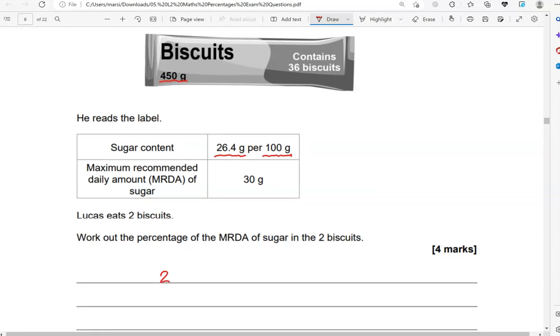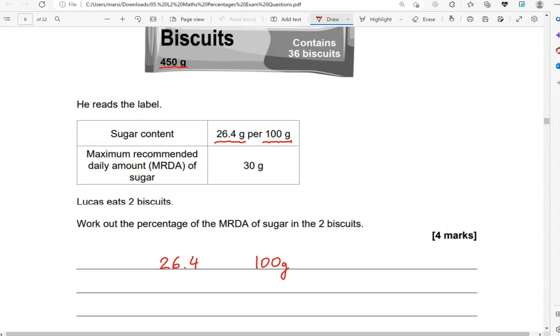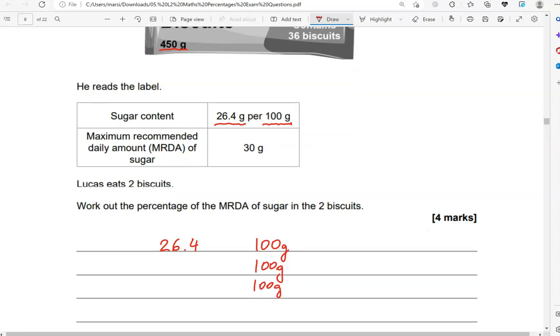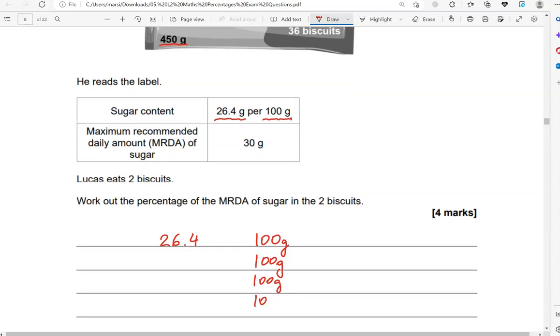So 26.4 in 100 grams. There are 450 grams.